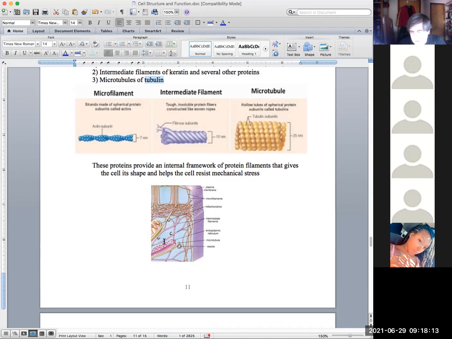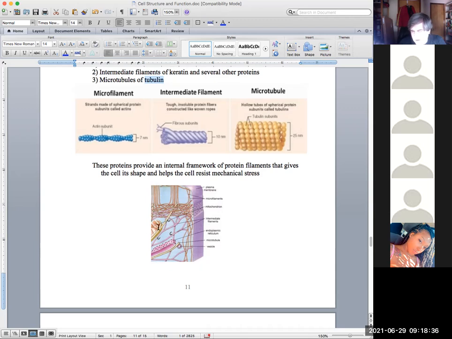We look down here in kind of the lower left, this pinkish with the little dots on it. This represents some rough endoplasmic reticulum. Those little dots are ribosomes. So the rough endoplasmic reticulum is actually kind of anchored to the cytoskeleton here, and it's anchored at other locations as well.